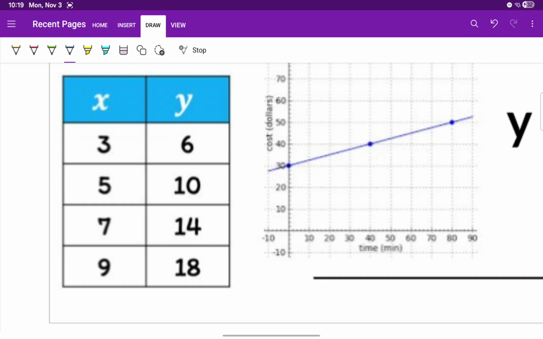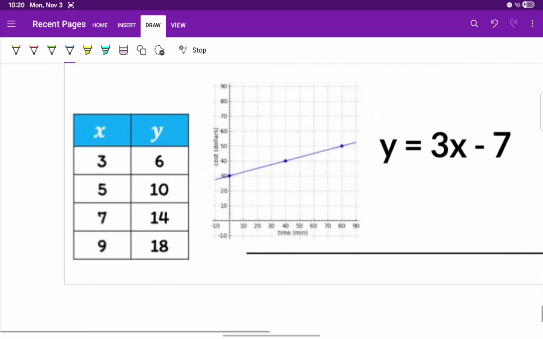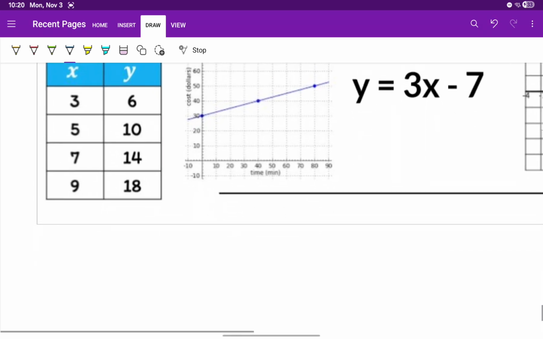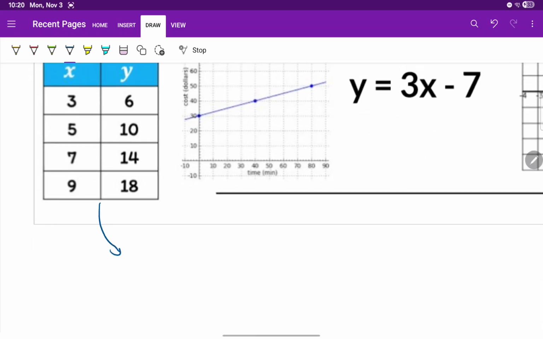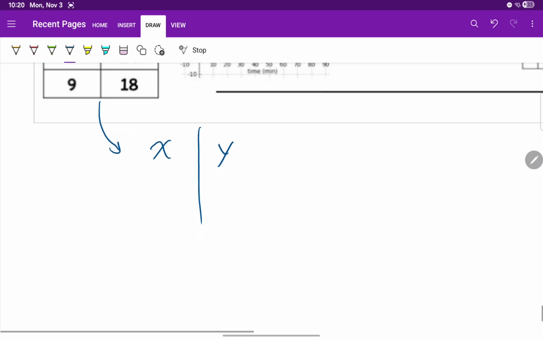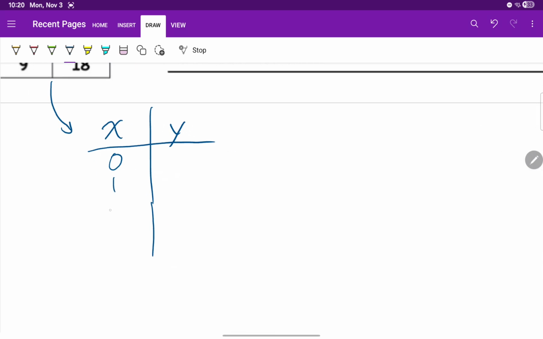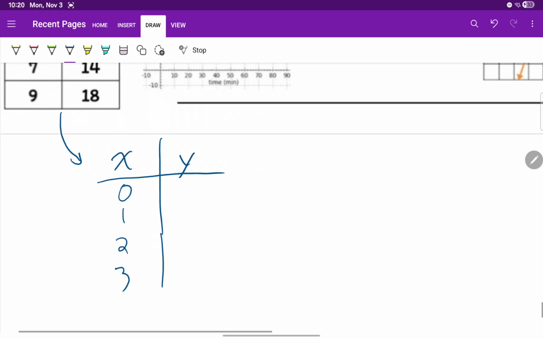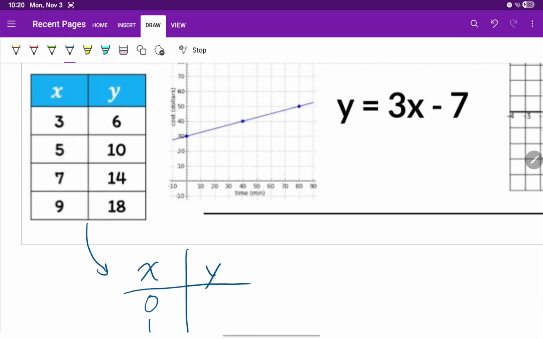Okay, again, a little bit of a tricky one here. We can't quite tell if this is going through the origin or not. So what I'm going to do with this table of values is make a new table of values again down here. We're going to start 0, 1, 2, 3. We're going to see what the pattern is here. As it goes up by 2, this goes up by 4. Oh, this is the same kind of deal here.